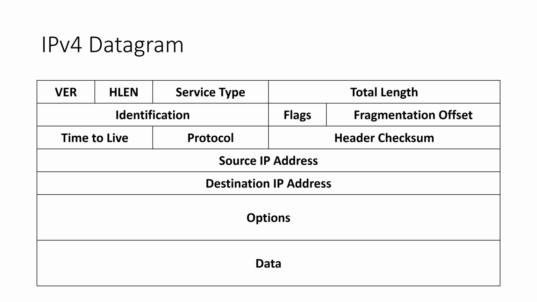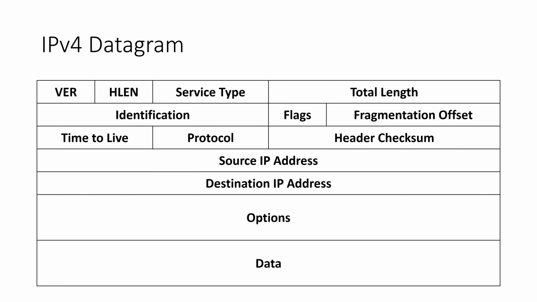If required, the header can also contain optional fields like source routing and padding, making the header size variable. After the header comes the data payload, which carries the actual information from the TCP, UDP, or other protocols.